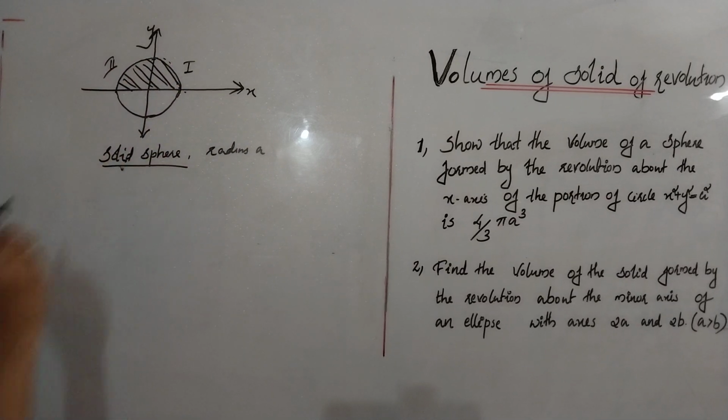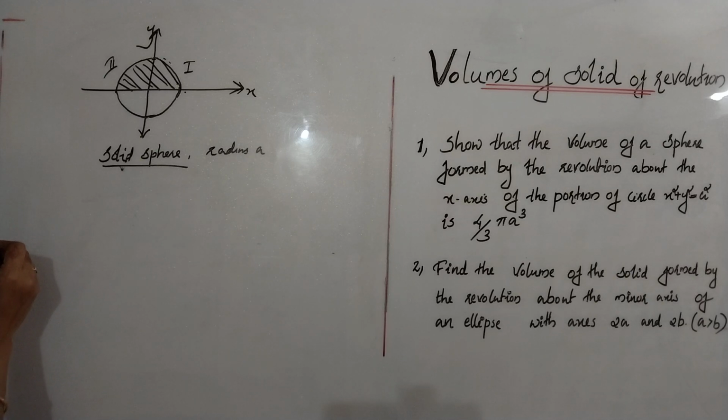We obtain a solid sphere having radius a. Similarly, by revolving any given area about the x-axis or any other line, we obtain a solid of revolution. Now, we have to find the volume of revolution.